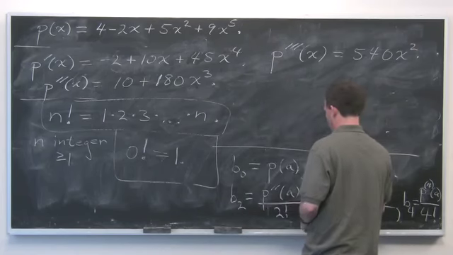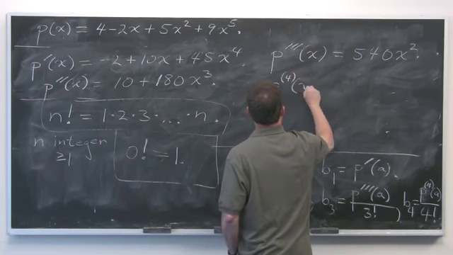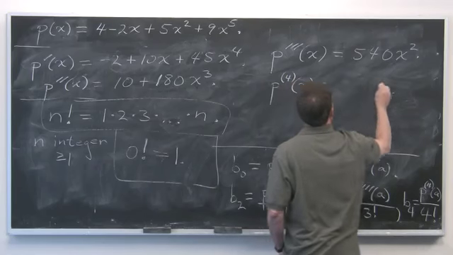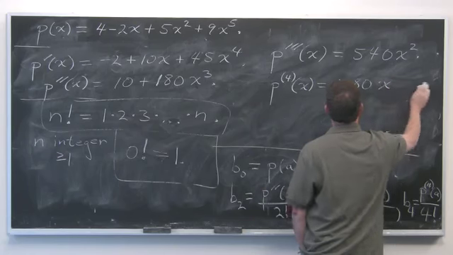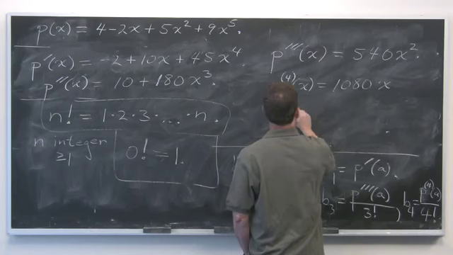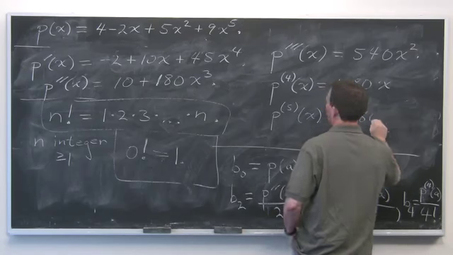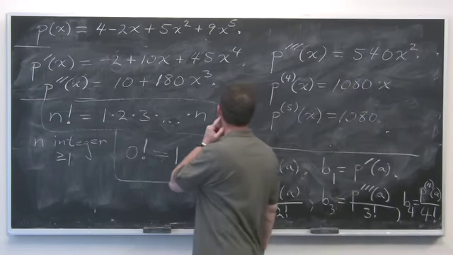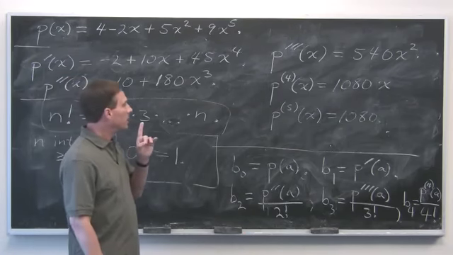The fourth derivative, and now I'll switch to the notation with the parentheses. The fourth derivative of P at x is the derivative of this, 1080 x. And the fifth derivative is 1080. All right, so this is what we get for the derivatives of P.